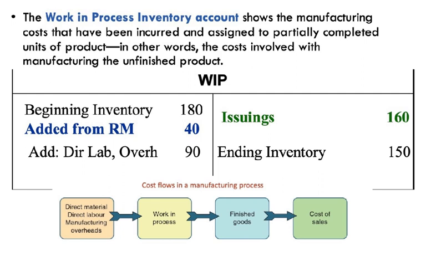Now here you can see in the WIP account, I will start with my opening inventory, then add it from raw materials, and then also add your direct labor and your overheads. Then you will issue now to your finished goods, and the balancing figure will be my ending or my closing inventory.